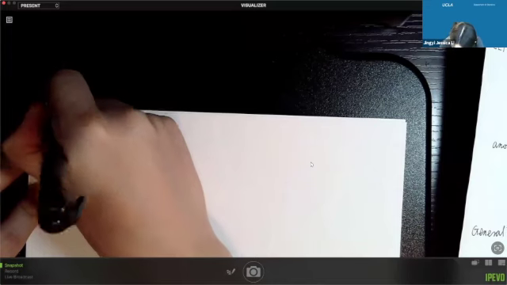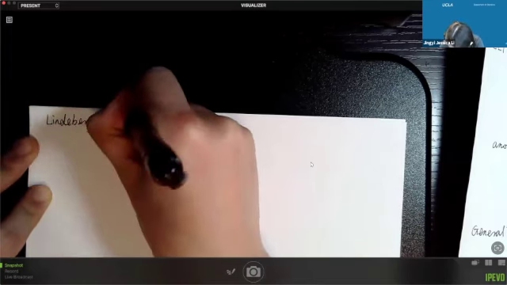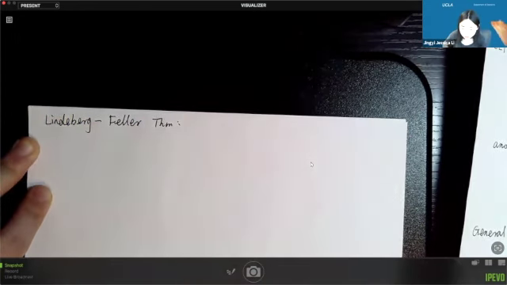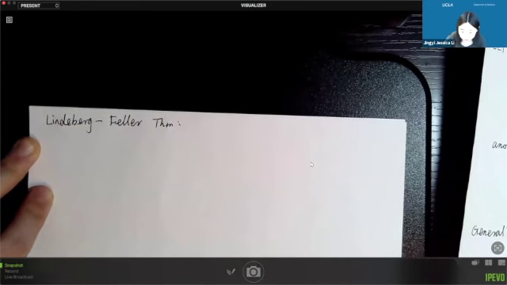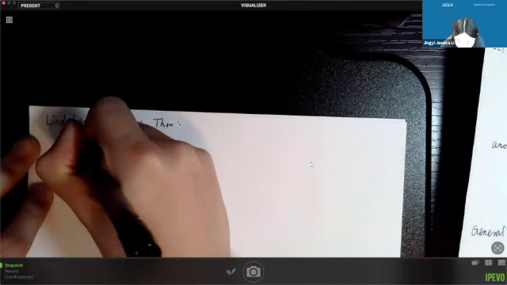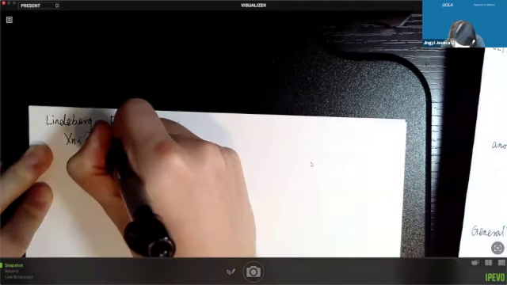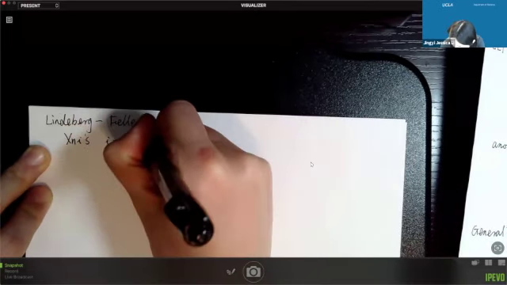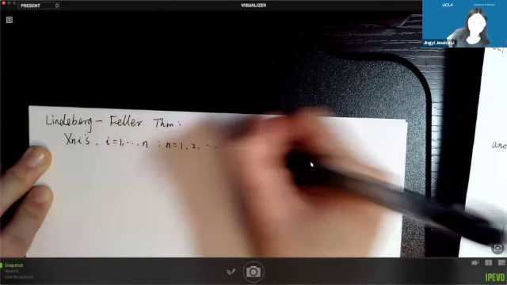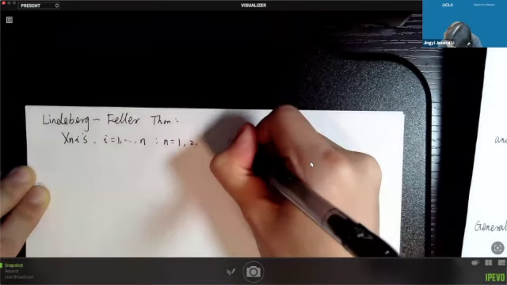So the Lindeberg-Feller Theorem. What we're assuming is that those Xni's, where i goes from 1 to n, and n goes from 1 to infinity, are all independent.